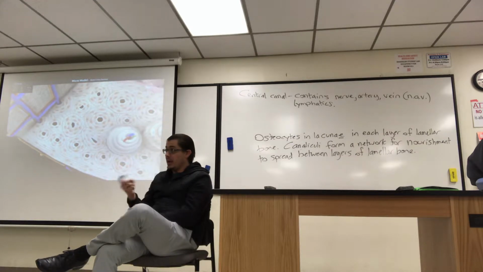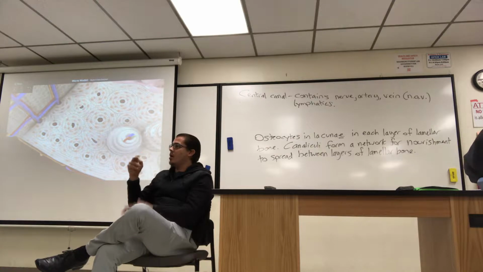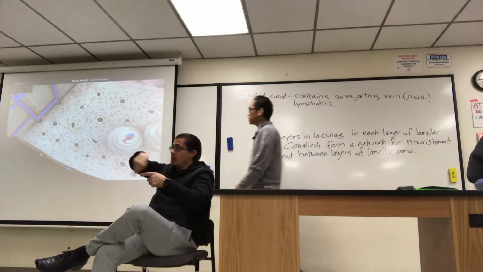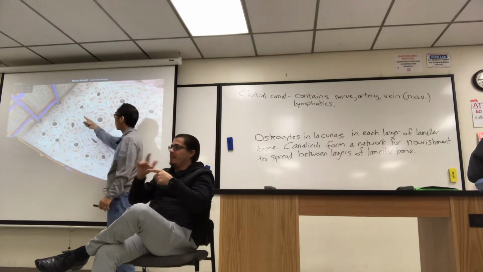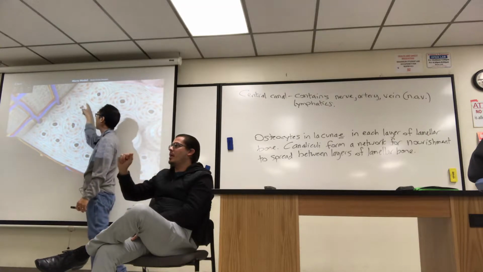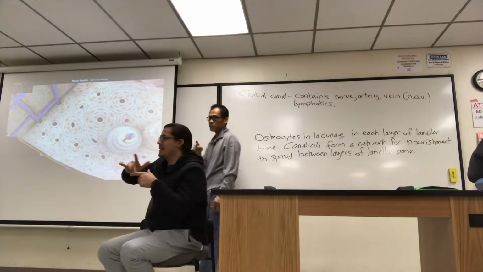So you pack all those osteons and you got compact bone. But because they're round in shape, you have gaps in between the osteons. The gap fillers are called interstitial lamella. Okay, so if I point to a space between osteons, identify it as interstitial lamella.